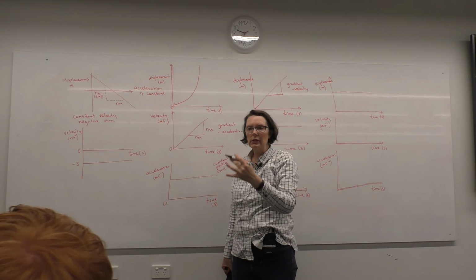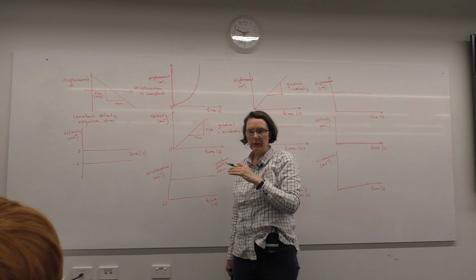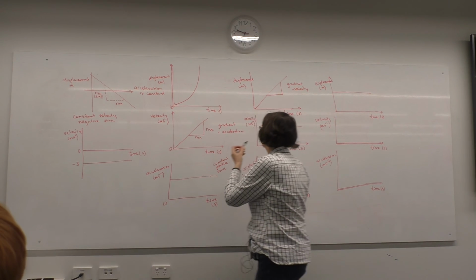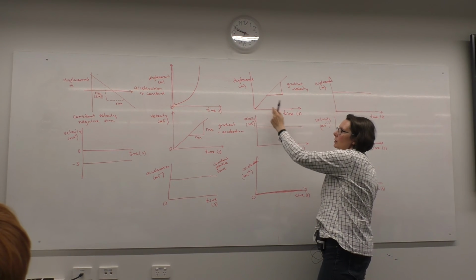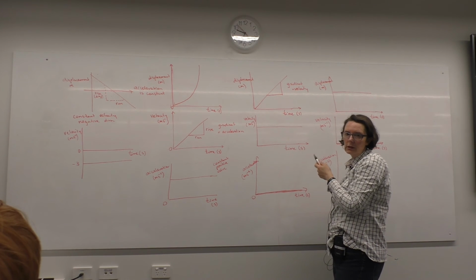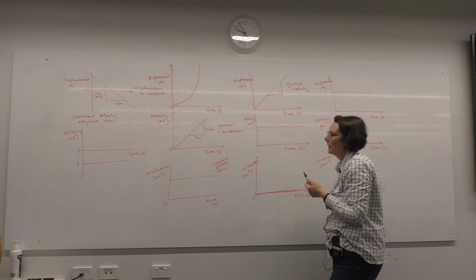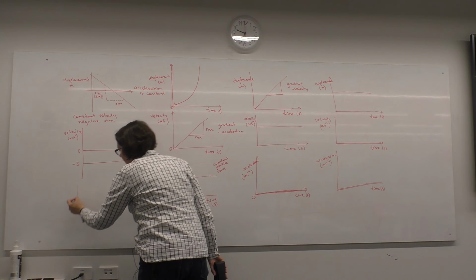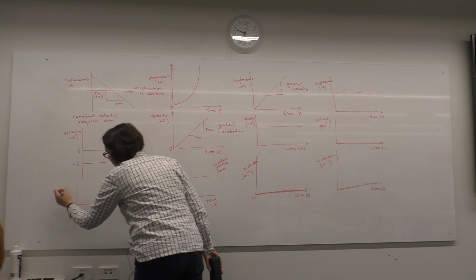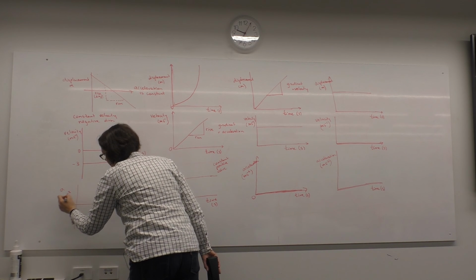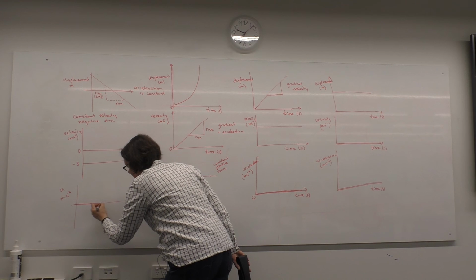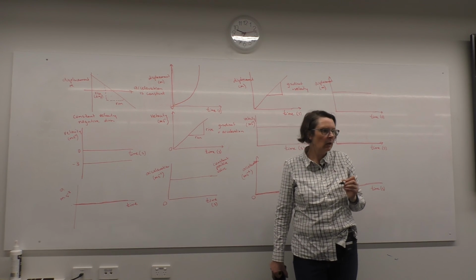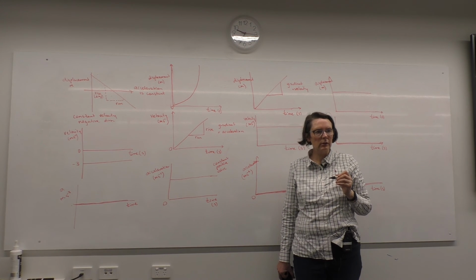The y value is decreasing as x increases, and that means that my gradient is negative. Whereas along here, as my x value was increasing, my y value was also increasing, and that's why I have a positive gradient. But with our constant velocity here, what's going to happen for my acceleration? Well, it's going to be 0, isn't it? Because I have no acceleration. Does that sort of make sense?